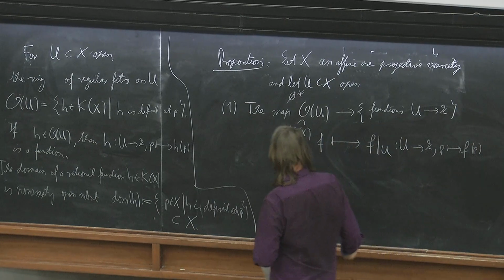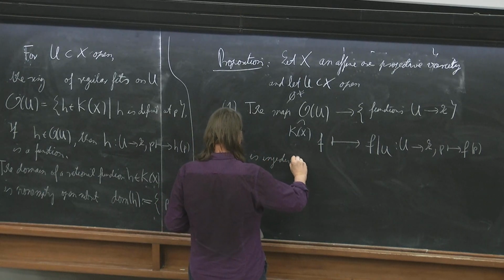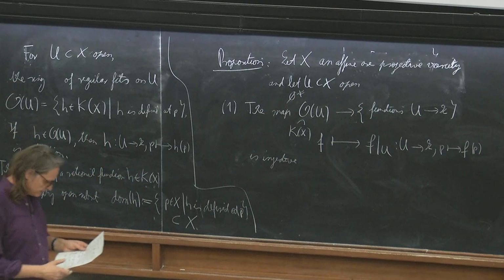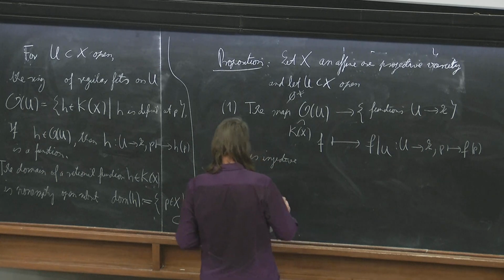So this map is injective. And furthermore, the image has an explicit description.